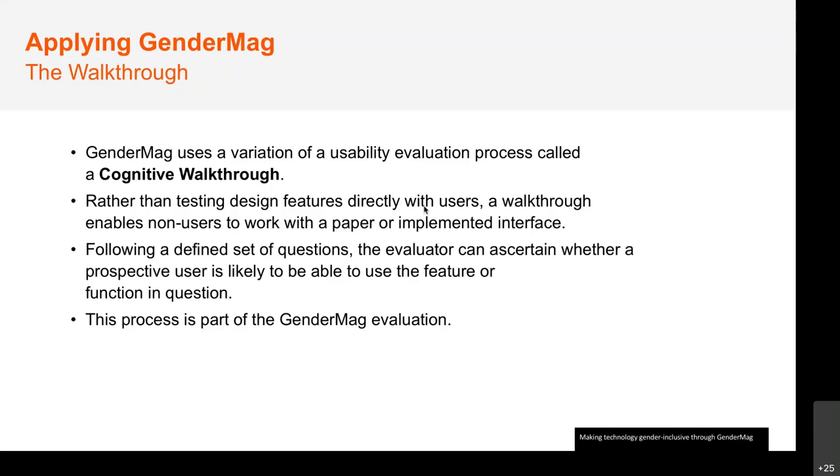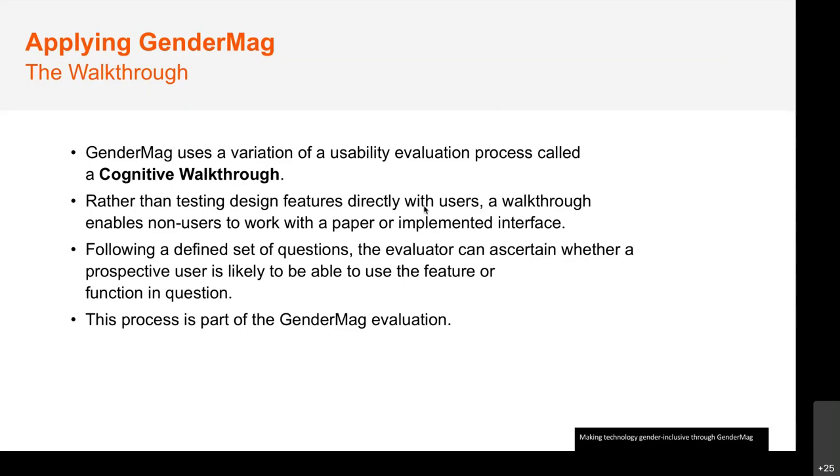What a cognitive walkthrough is, is that we don't do user testing directly with users, but instead we conduct a walkthrough of perhaps a paper prototype or even a sketch or an implemented interface that enables experts or non-users to find issues, problems with the interface.